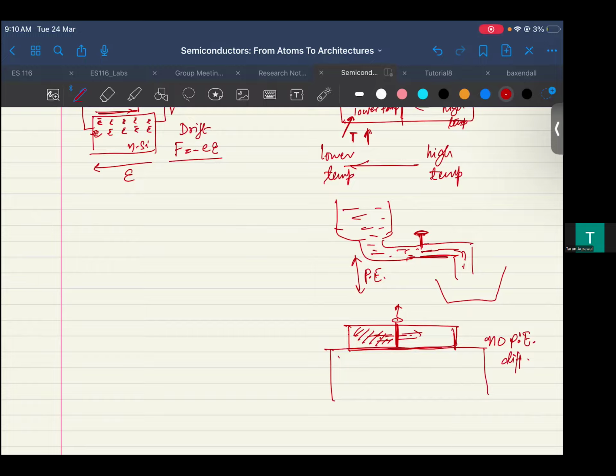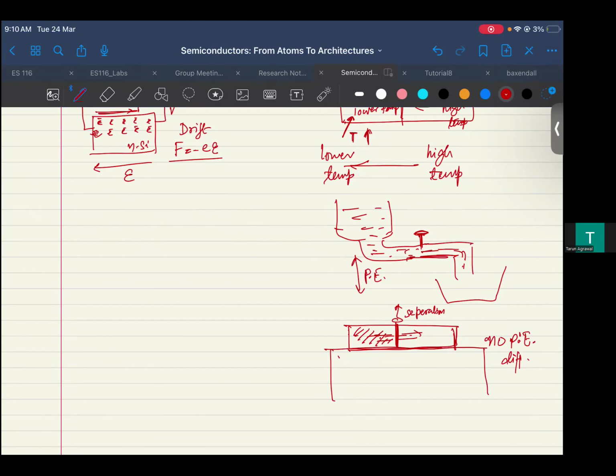So then it cannot be drift, because if it was drift, then there would have to be a net force on the water or the molecules of the water, right? But here it is not there, because you just removed the membrane or the pin or the separation which you had. The separation was removed and suddenly you start to see that water starts to flow.